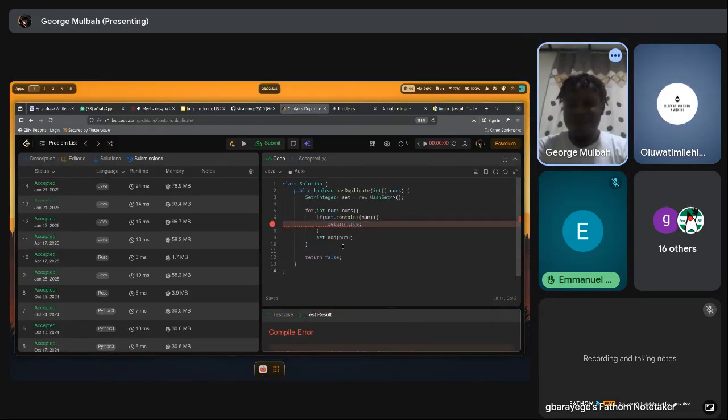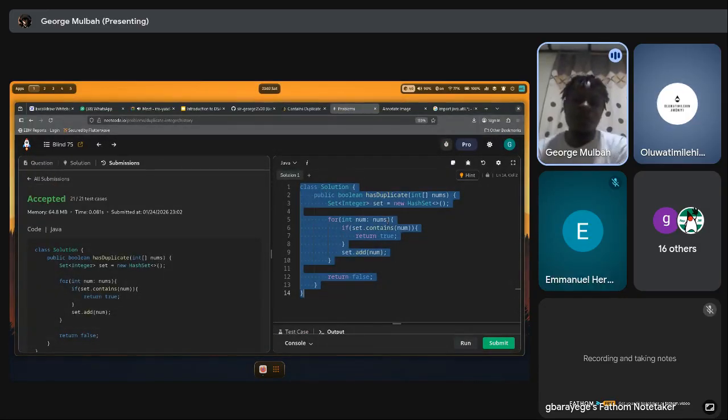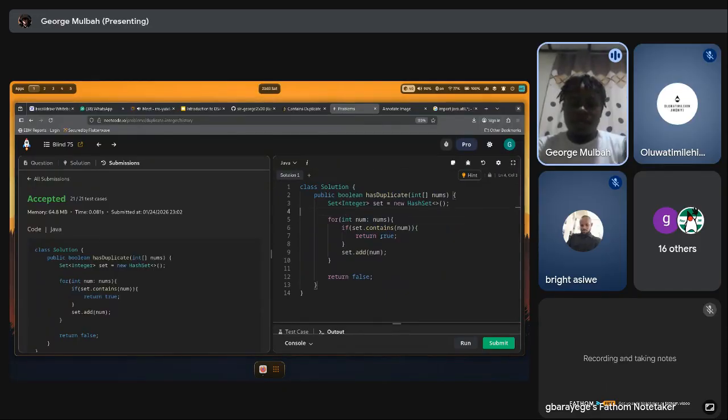I don't understand what is going on, but it's more like a platform issue, because one platform is accepting the solution and the other one isn't.